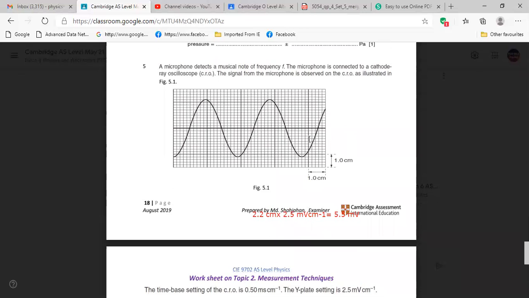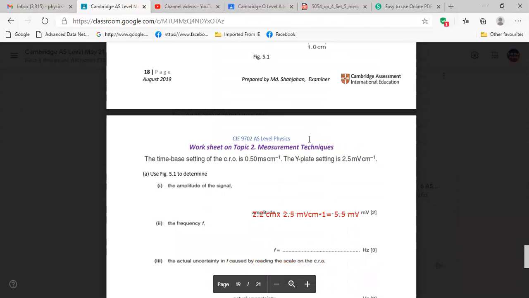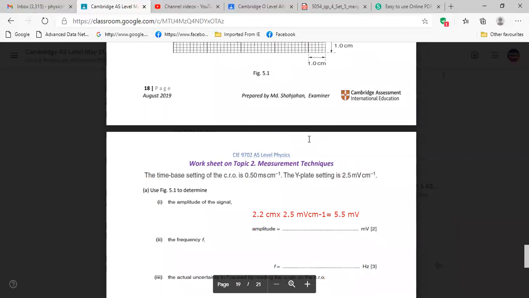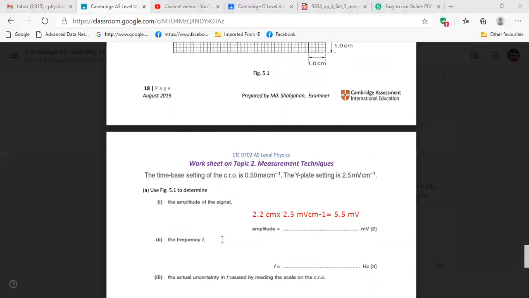Yes, sir. 3.8. So 3.8 we'll write here for the time period. You write here time period T, capital T, equals, we got here 3.8 centimeter, then you multiply. And what is your time base setting? 0.50, right?